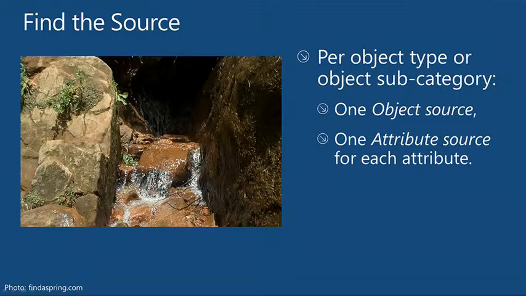You are guaranteeing that you will have duplicates in your identity metasystem, and things don't work well when there are duplicates. So one object source per category of object, and the same with attribute sources as much as possible.